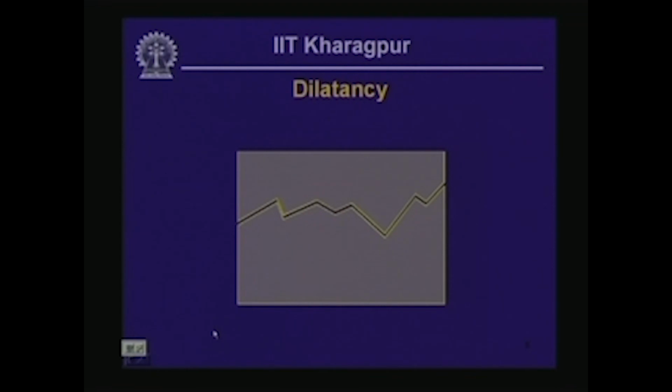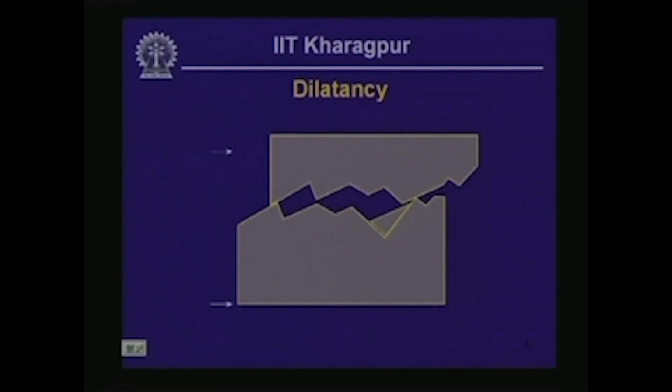Let us take a second look at this particular schematic experiment. What happens here is that the top piece tries to climb up as it is sheared to the right of this screen, and this involves a change of volume, and you should have also noticed that the void space in between the top piece and the bottom piece increases during this process, and this type of behavior is called dilatancy.